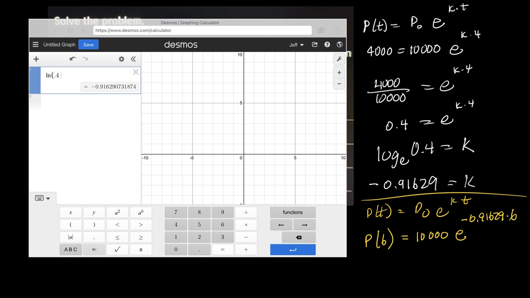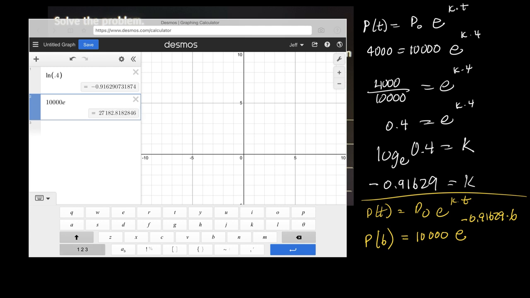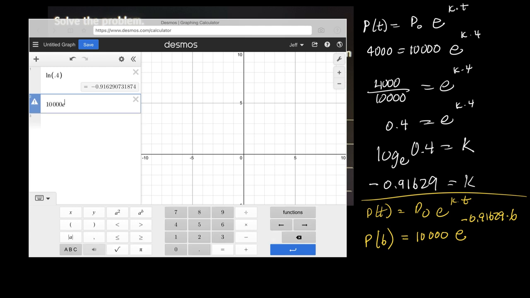Okay, back to decimals. So 10,000 e to the bracket negative 0.91629. Never bad to throw in a couple extra numbers there.